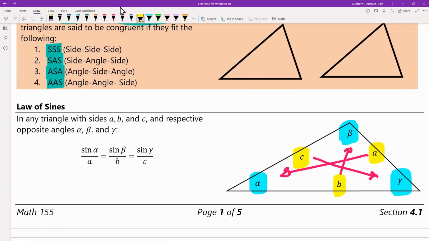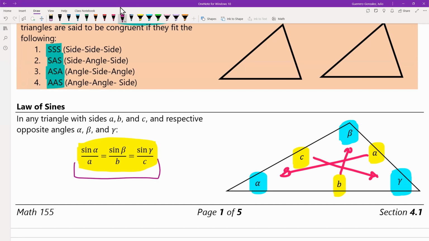And the law of sines is this right here. Basically, if you take the ratio of any angle and its opposing side, they've got to be equal. Okay, I know that this is a brand new thing for a lot of people to look at, right? Why do we have two equal signs in between? This is not an equation anymore, right?